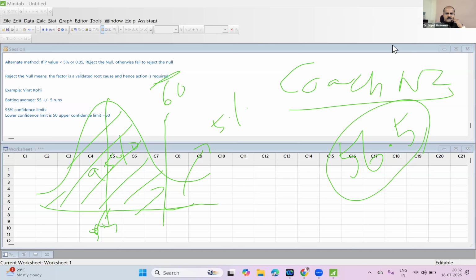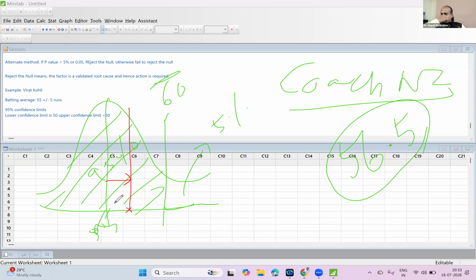Now, all of you tell me, what is your opinion? The appointment of the coach is useful or not useful? Useful. Okay. So, 56.5 appears somewhere here. This is 55, this is 60. So you mean to say the appointment of the coach has improved the batting average from 55 to 56.5.